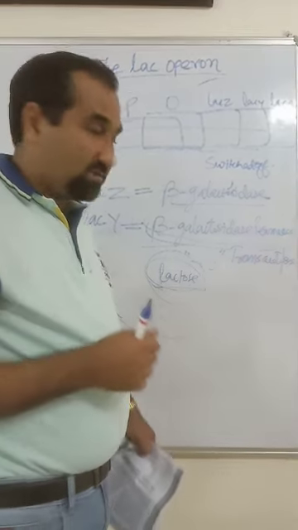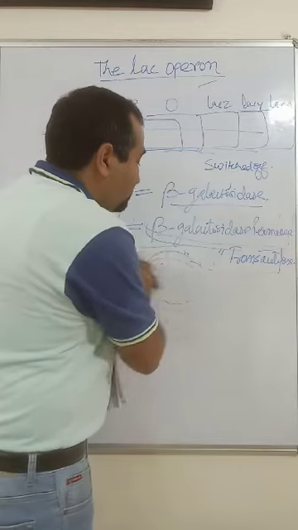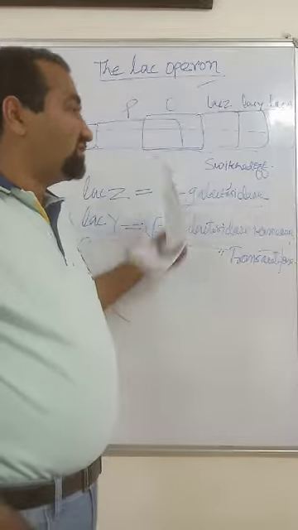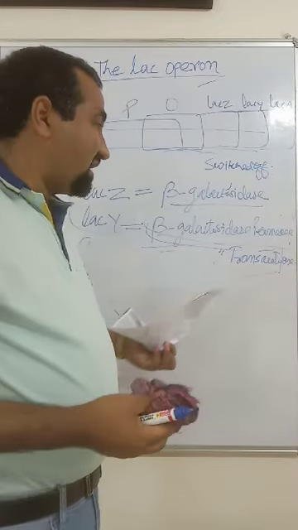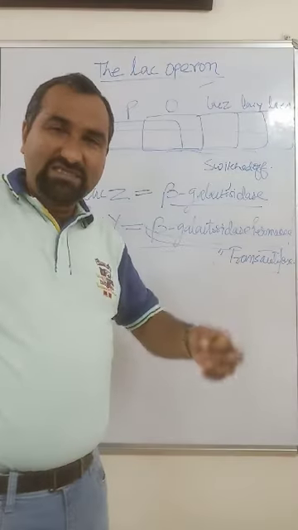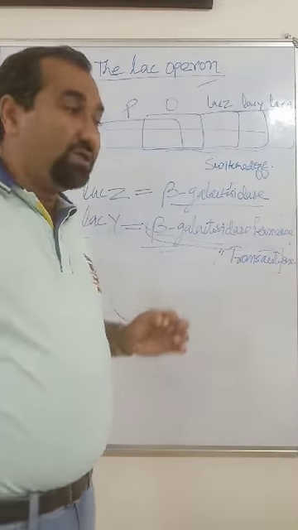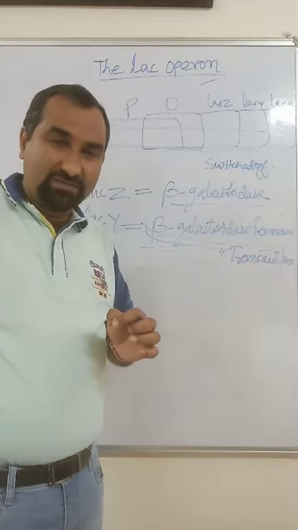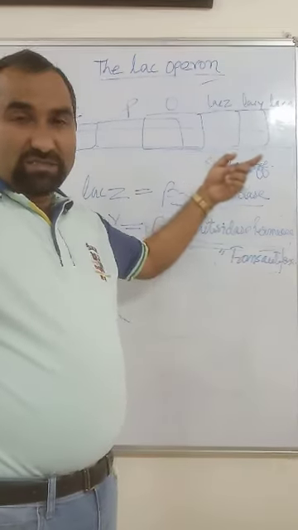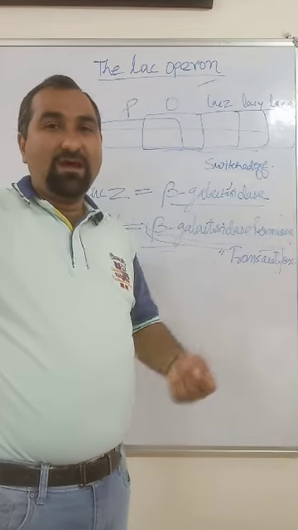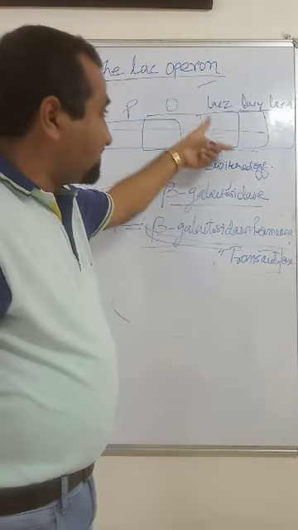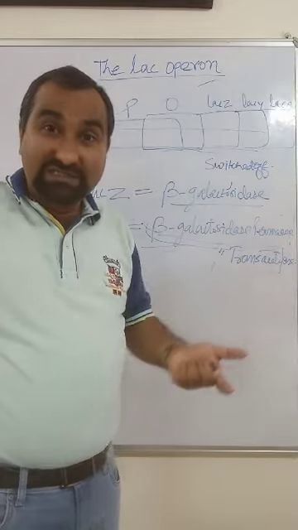So the answer is that lac operon is a somewhat complicated process. It is not so simple as we are describing it. In a bacterial cell, when lactose is present or absent, listen carefully, in the background, that is inside the bacterial cell, a slow rate of transcription of these genes always takes place.